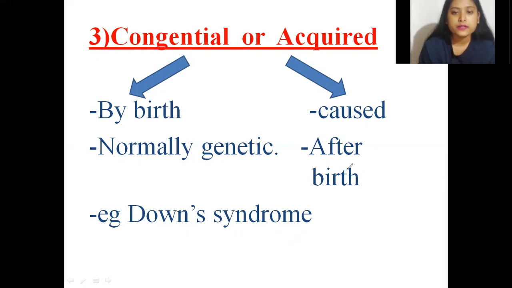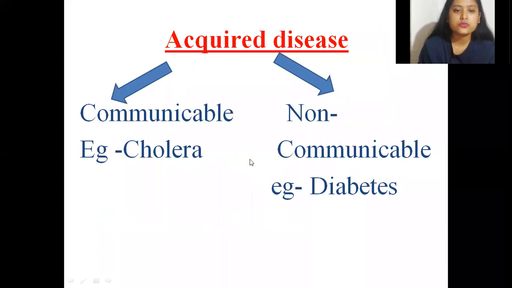And acquired disease is something which is caused after birth, which you will acquire in your lifetime and which you will get only after birth. On the basis of this, we can categorize diseases into two different groups. So this was the third classification. Again, acquired disease can be divided into two categories.